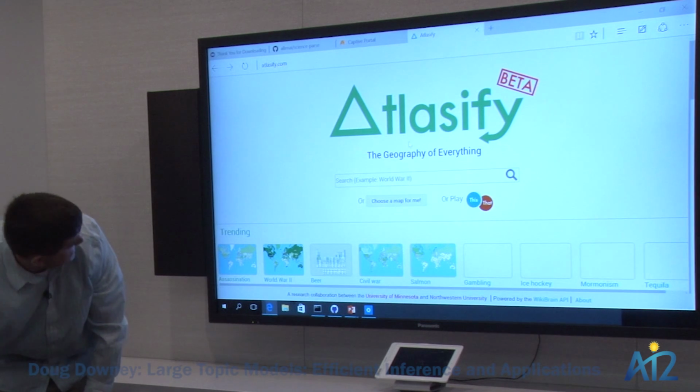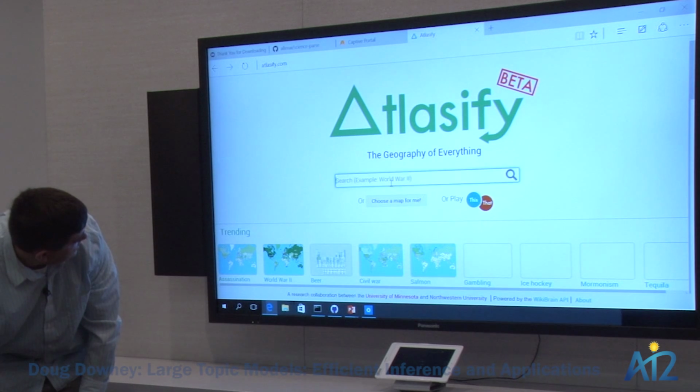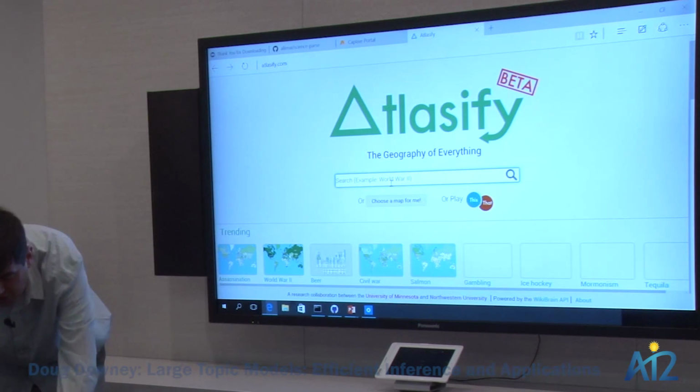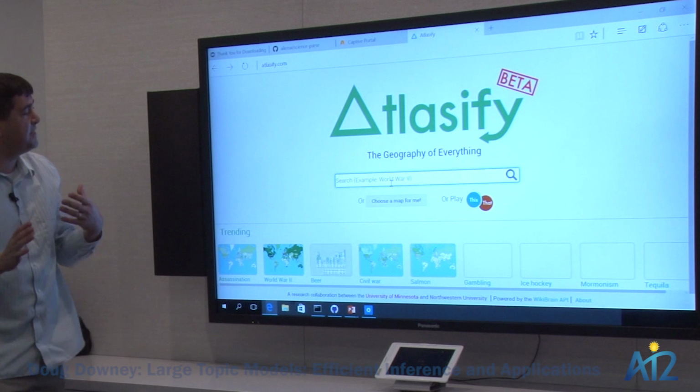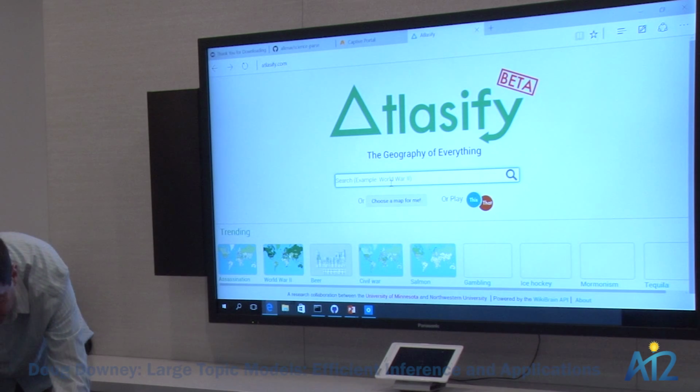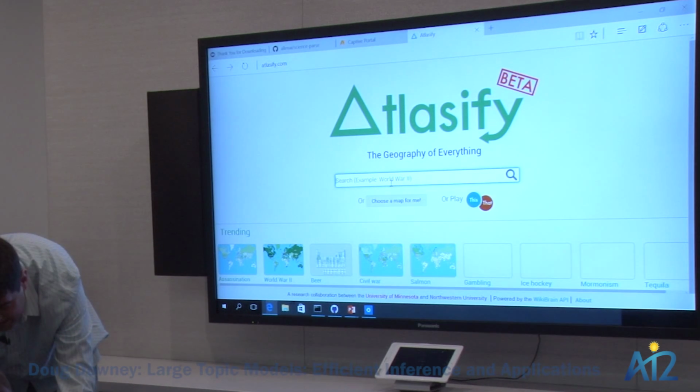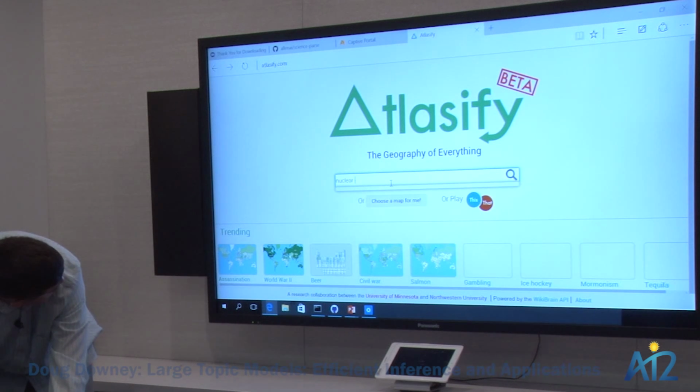So this is an application we built called Atlasify, and it mines relatedness values from Wikipedia. I'll say exactly how it does that in a second, but let's search for nuclear weapon and see what happens.